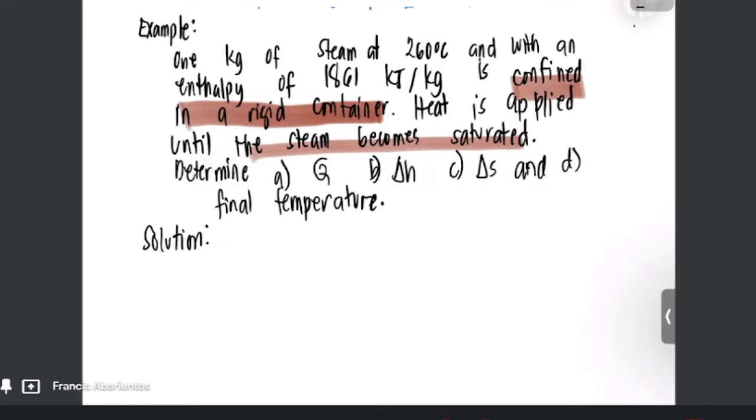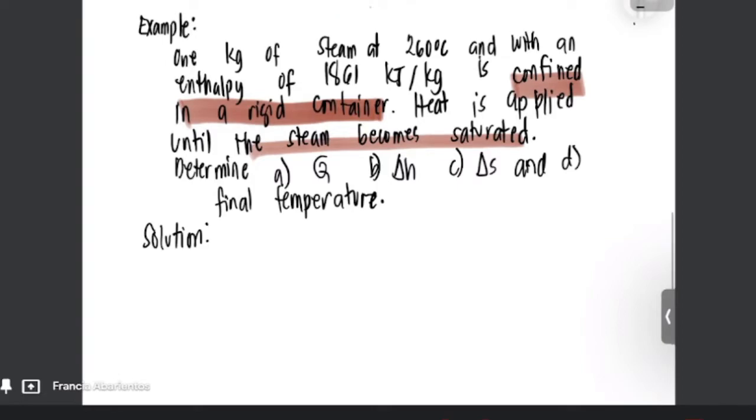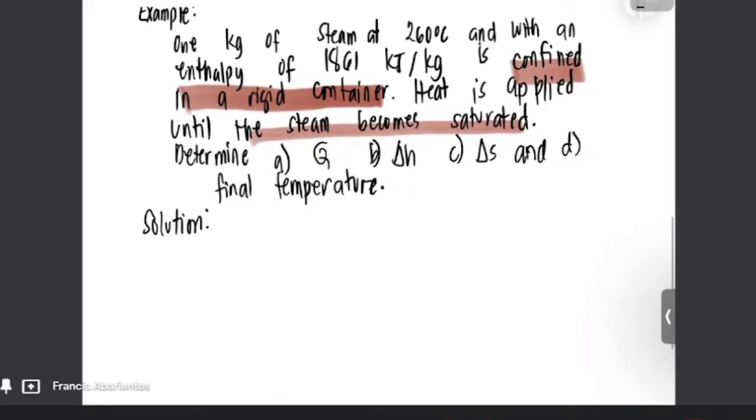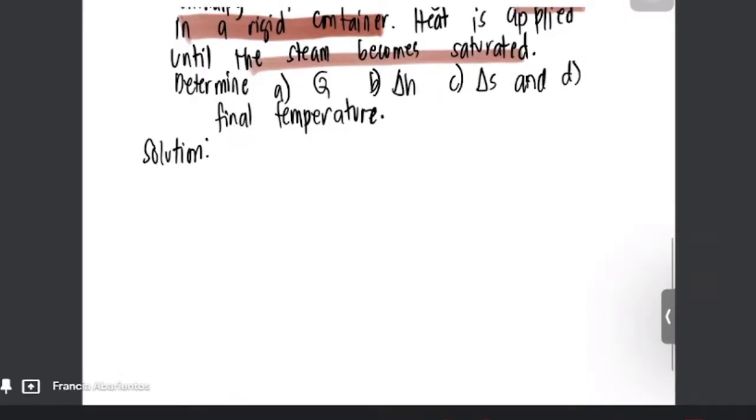Di ba class, sabi ko nga, pag dito sa example, hindi naman sinabi na i-show ang PV and the TS diagram. So, sa solution, palagi yan. Take note, sinabi dito sa problem, confined in a rigid space. So, we draw now the PV.